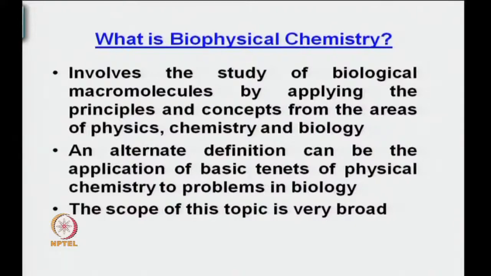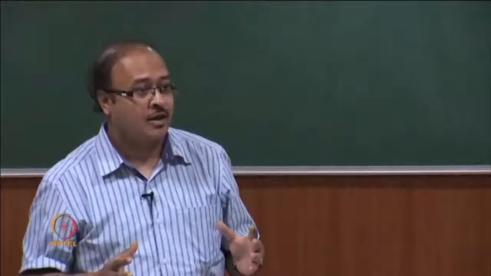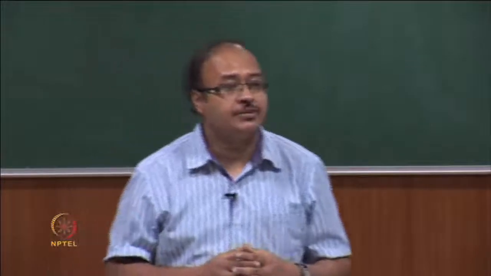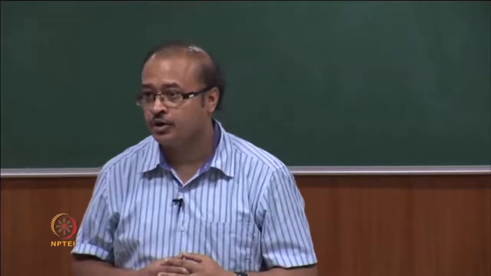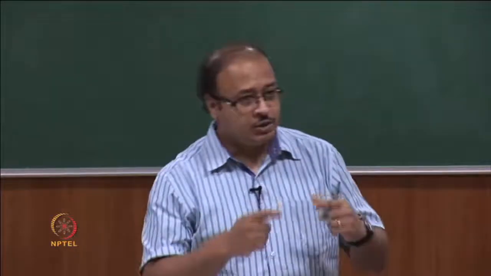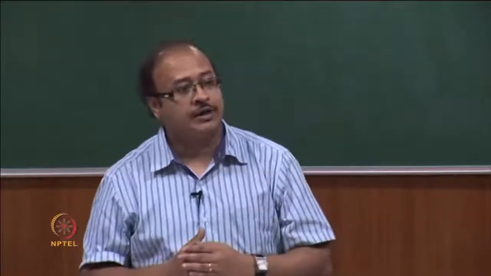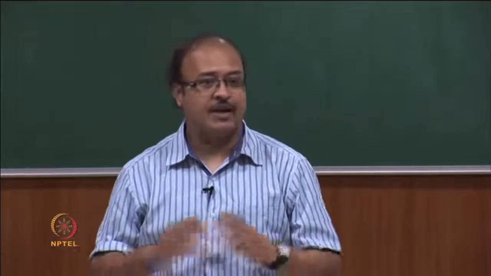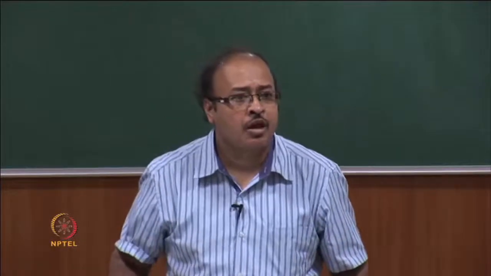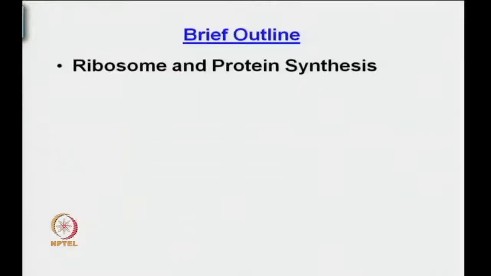So, to try to tell you everything that comes under biophysical chemistry in one course is next to impossible. Hence, what I will do in the next slide is give you a brief outline of the topics we are going to cover in this course, spanning about 42 to 45 lectures.